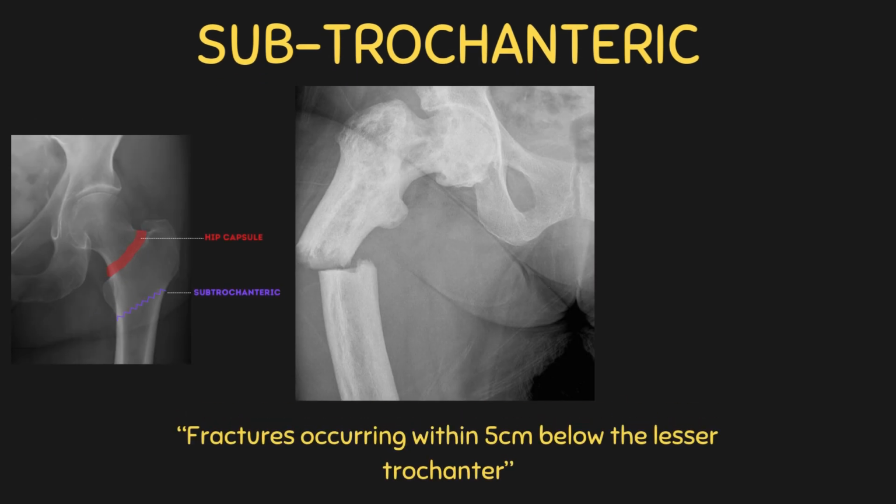Lastly, we have a subtrochanteric fracture example, and therefore another example of the extracapsular fractures. A fracture which is within 5 centimeters of the lesser trochanter is deemed subtrochanteric. Any fractures occurring more distally than 5 centimeters will be deemed a femoral shaft fracture.